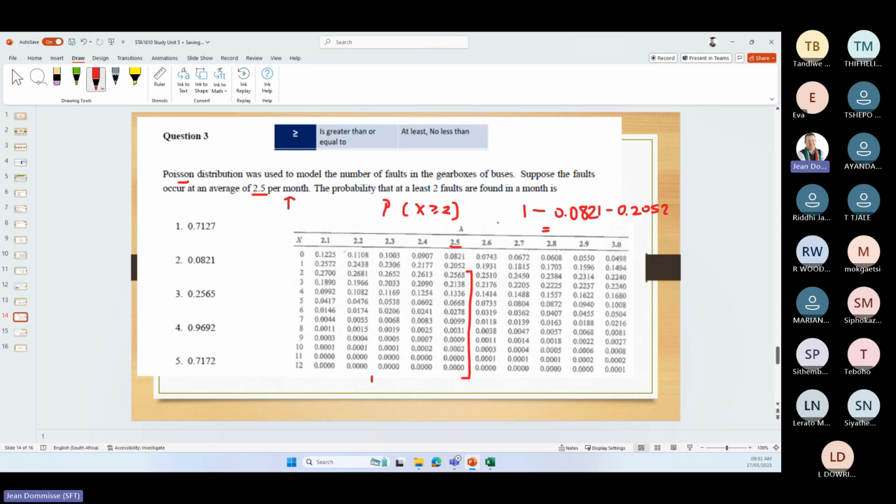Okay, so instead of adding all of that together, because it's very easy to make a calculation error there, and you can also test it and look at what your answer will be, I would rather say 1 minus those two.